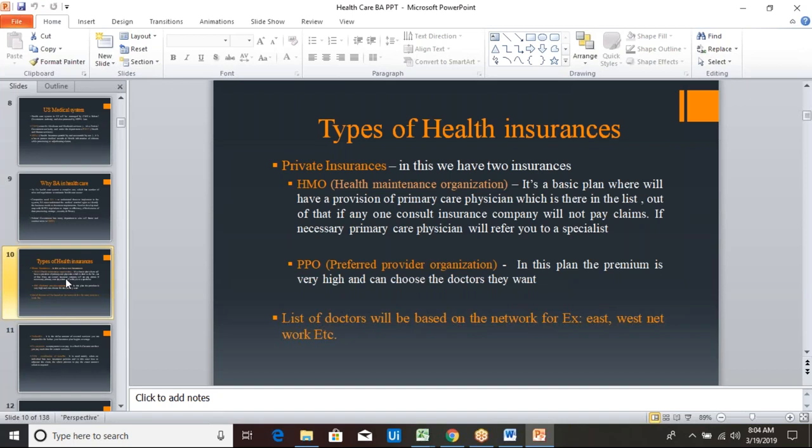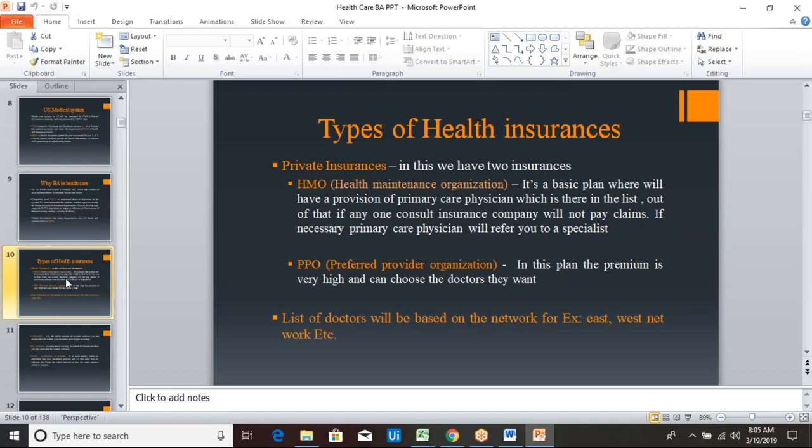Whoever has taken this plan is allowed to go to a primary healthcare physician based on the network, because in the US you have a list of doctors network-wise, east and west kind of stuff.